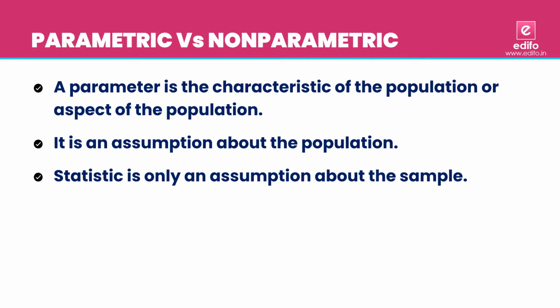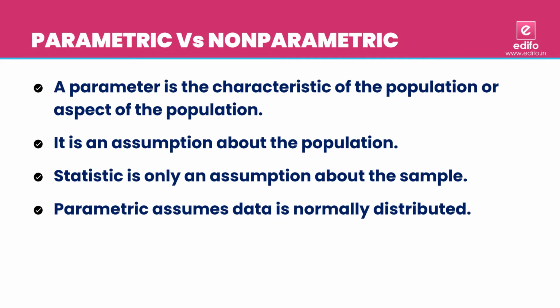On the basis of this assumption, the distribution is very important. A population distribution is assumed to be normal. So, the nature of the distribution of the data should be normal. Parametric statistics are any statistical tests based on underlying assumptions about data distribution.